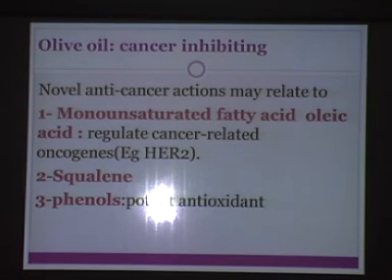It also acts as an antioxidant and is very important in carcinogen modulation. Phenol is a potent antioxidant, so olive oil can prevent cancer through its potent antioxidant effect, and so prevent tissue damage from free radicals. And also through carcinogen metabolism, it targets very important oncogene pathways which are upregulated in several types of cancer.